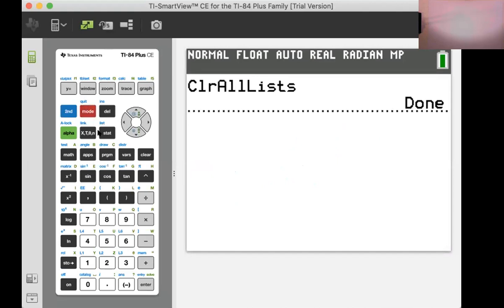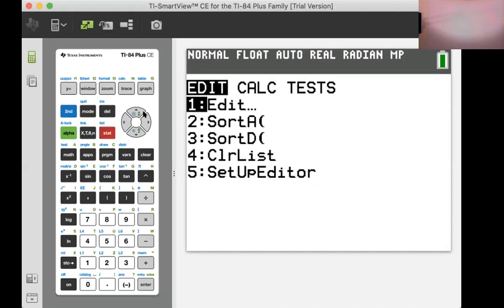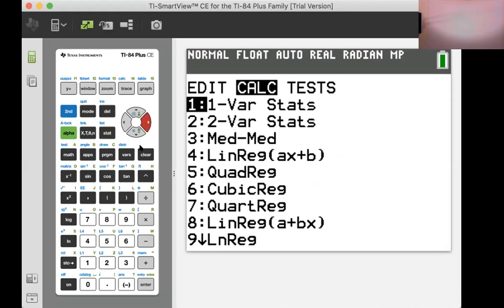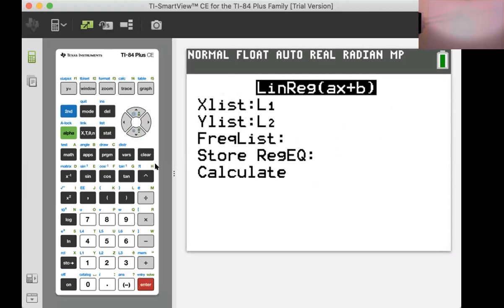So I can quit to get rid of that. We're going to find our line of best fit. Stat, calc, linear regression right here, number 4, or number 8 if you prefer. We'll go with AX plus B. So A is the slope and B is the y-intercept. Enter. So the X list is L1 as it usually is. Frequency list, fine. Store the regression equation.